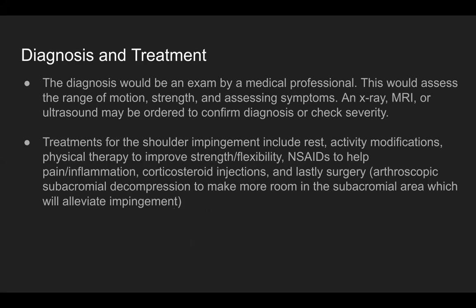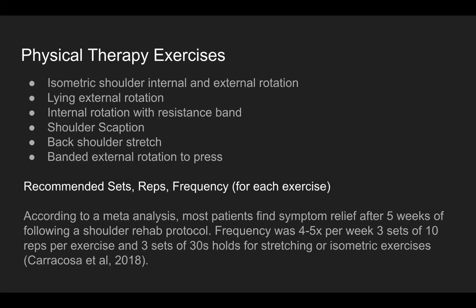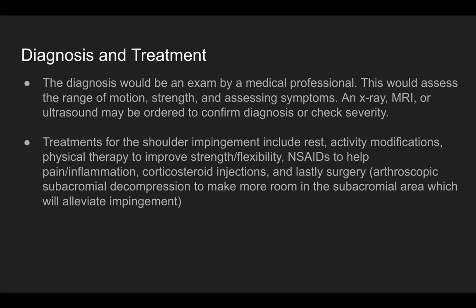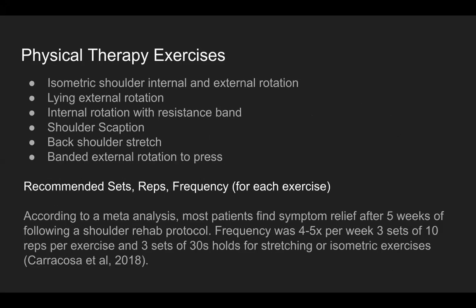Treatments for this type of injury would include rest, activity modifications, physical therapy to improve strength and flexibility, medication to help with pain and inflammation, corticosteroid injections, and lastly, surgery, just to make more room in the subacromial area, which will alleviate the impingement.